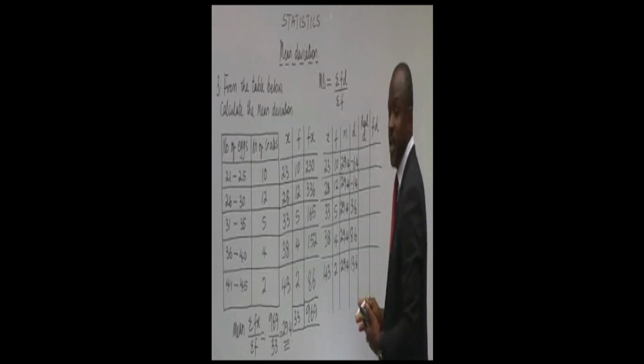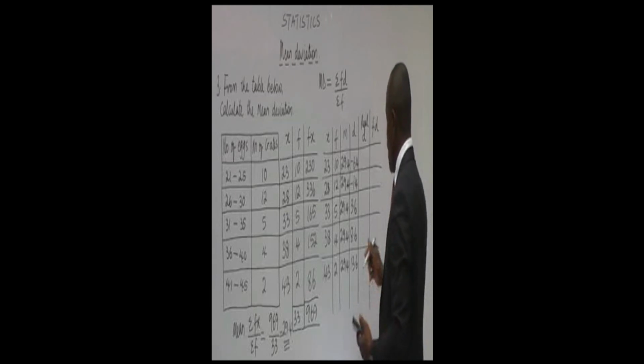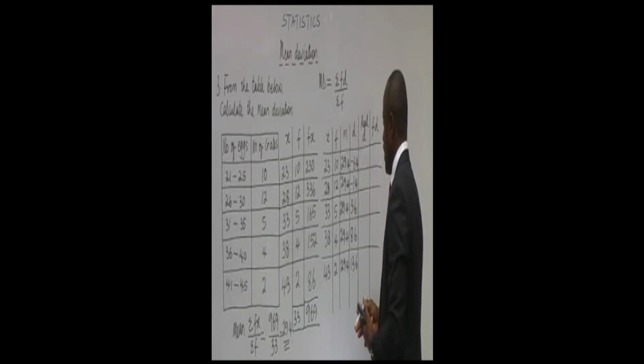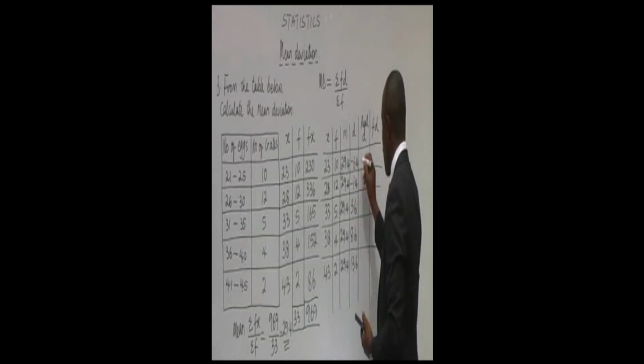Now the real deviation we are going to use ignores the negative signs. So instead of minus 6.4, we have plus 6.4 here. Instead of minus 1.4, we have plus 1.4. Then the others are already positive.